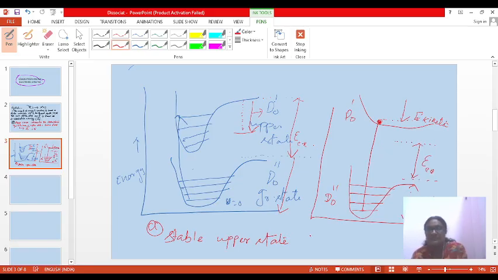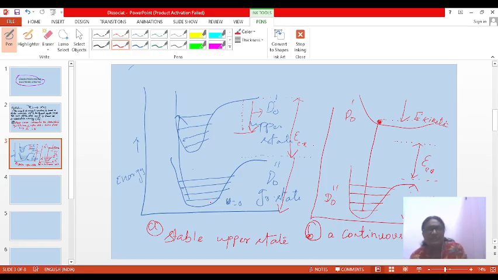The same we represent as graph B, which means a continuous upper state. These two diagrams explain the dissociation energy of a diatomic molecule.